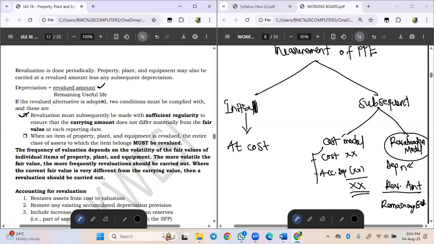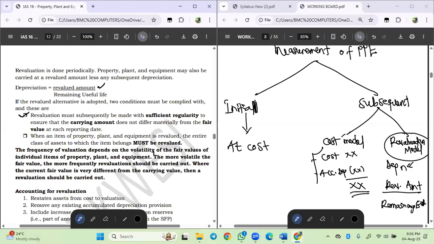Now, I said that revaluation is not something that every year you should do, but the frequency of revaluation depends on the volatility of the fair value. How frequently, or how rapidly, does the fair value change?